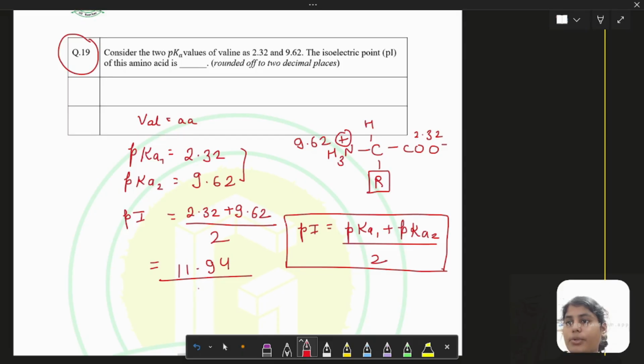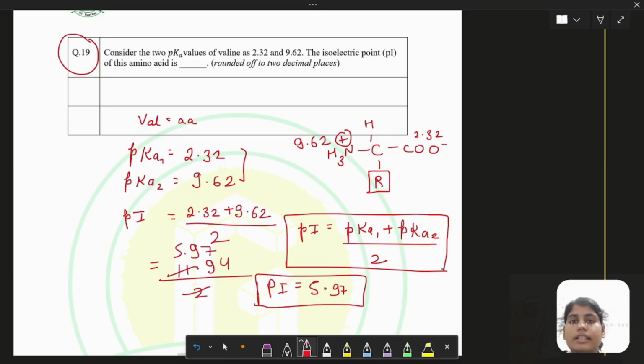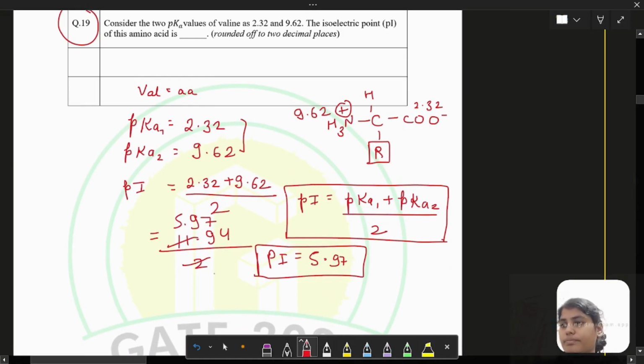This is 11.94 divided by 2. 2 5s are 10, 2 9s are 18, 2 7s are 14. You can also solve with me. So the pI value is equal to 5.97.